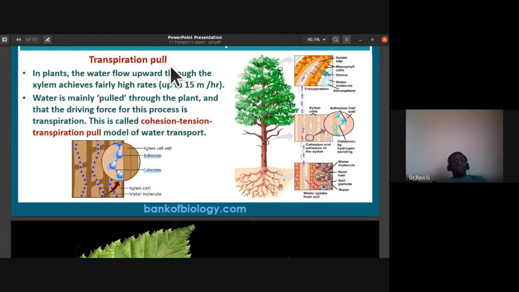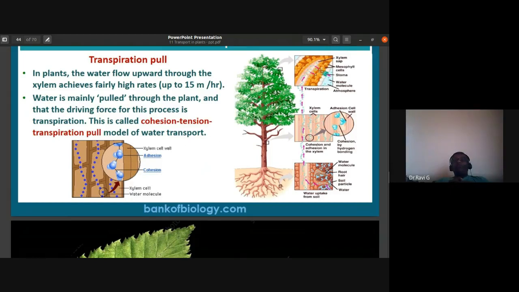In plants, the water flows upward through the xylem at fairly high rates, up to 15 meters per hour. So the water flows upward through the xylem, climbing nearly 15 meters per hour. That is an exceptionally long distance to happen without any expenditure of energy. How is this water traveling?